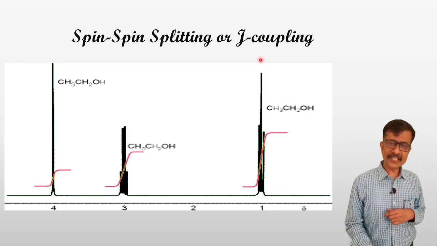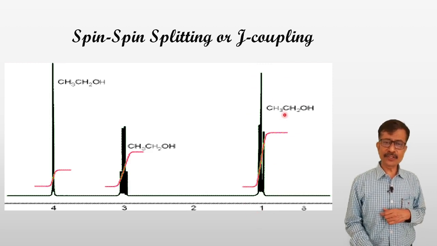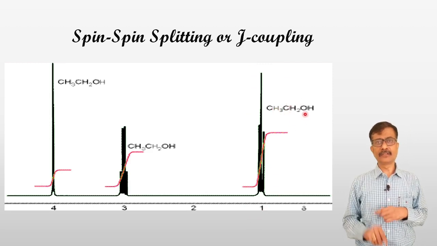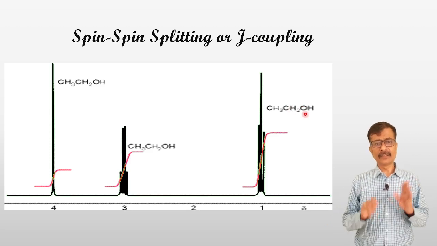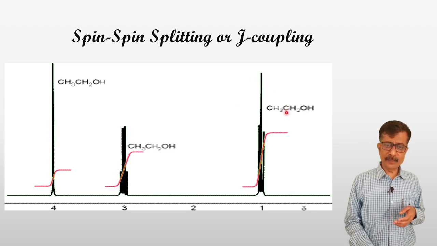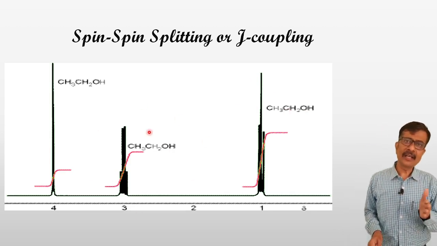Now this is the CH3 peak, and the CH3 peak will split into 3 because the CH3 is connected to a carbon bearing 2 hydrogens. So 2 plus 1, 3. So CH3 will split into 3, and CH2 will split into 4, because of the number of protons on the neighboring carbon.